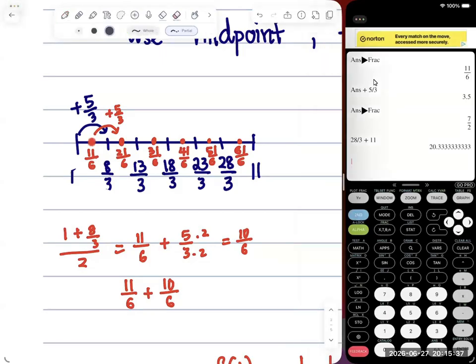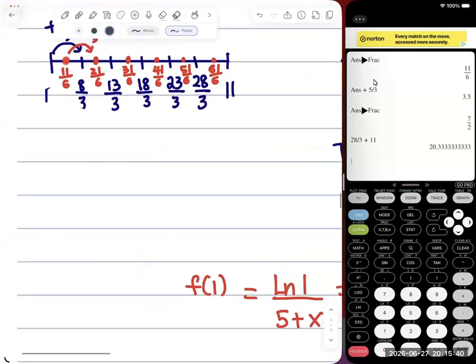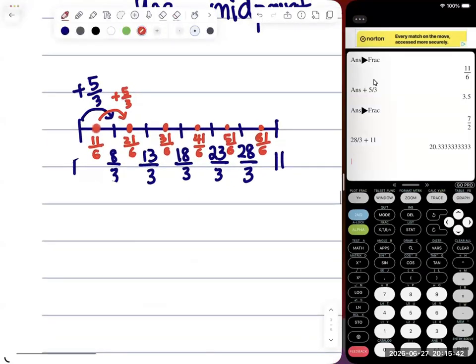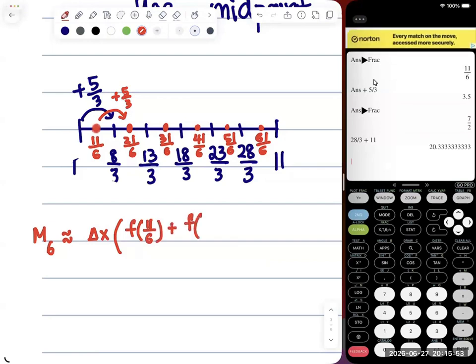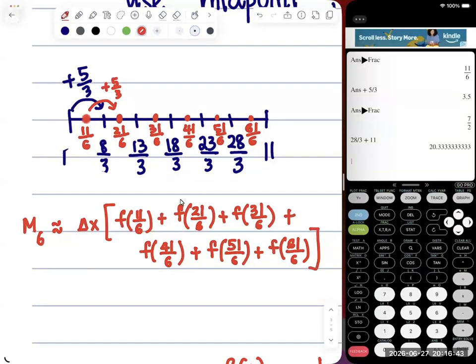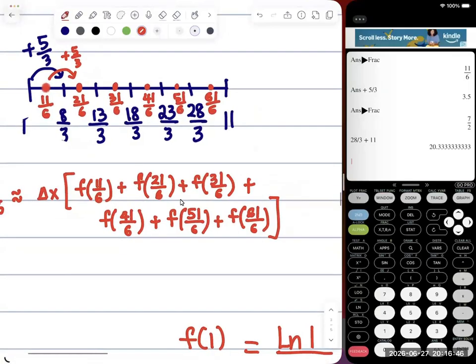Okay, so when I find out all those points, then I can actually evaluate my area now using the midpoint. The midpoint is going to be delta x times f of all the numbers that we just found without multiplying by any coefficient. So the coefficient is all 1. So we just multiply all that. Okay, so now we're going to put everything into the calculator and calculate what we have for the final answer.